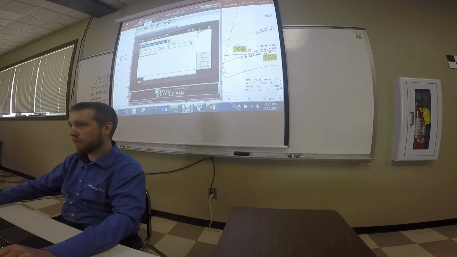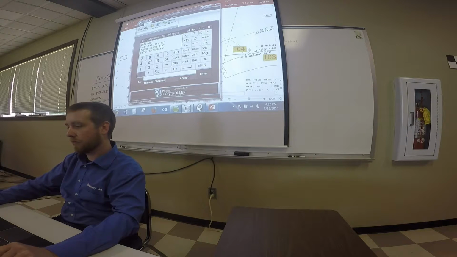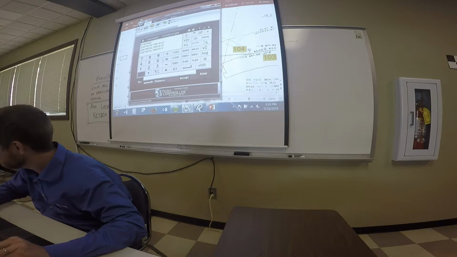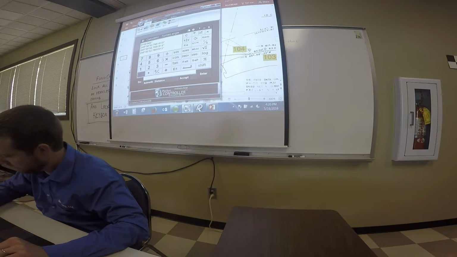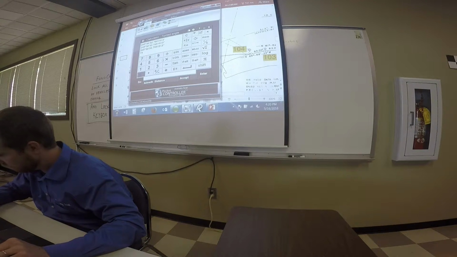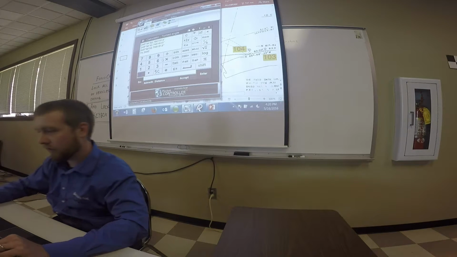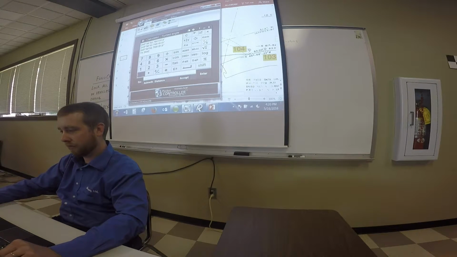You can just enter in the two angles and add them right there in the calculator. And then the plus.